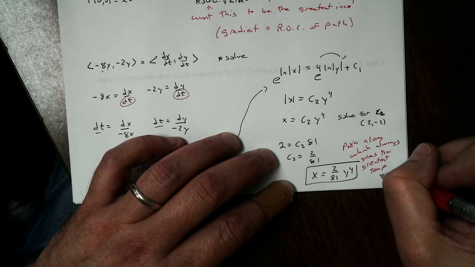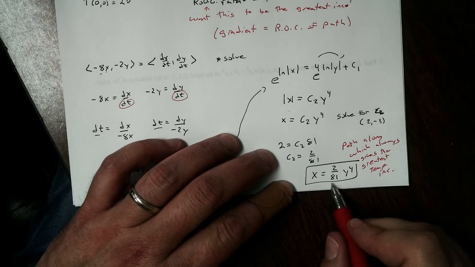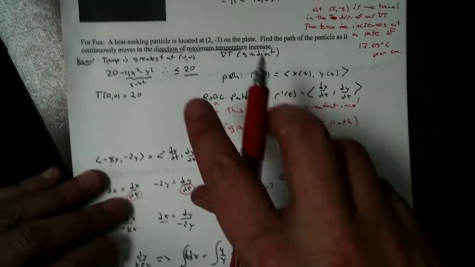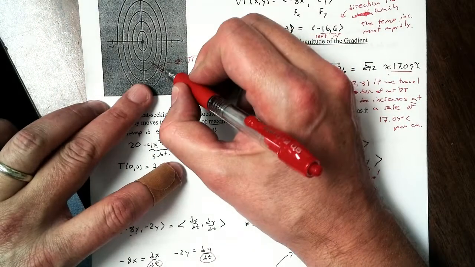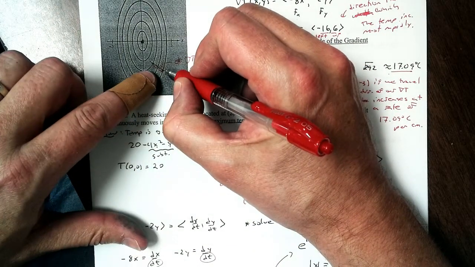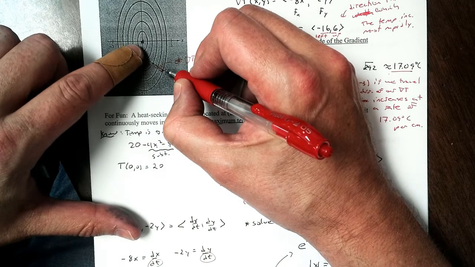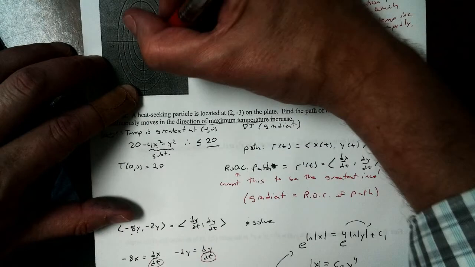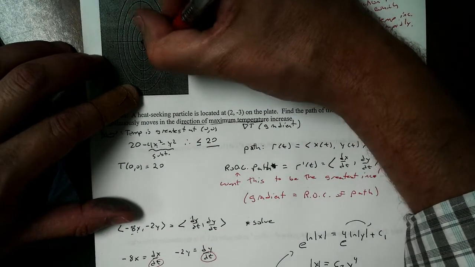So what this is telling us is, if we stay on this path, if I'm starting at that point, come back up here to the graph, (2, -3), this path will always give me the direction that will make sure that the temperature is always increasing the most. And it's a sideways parabola, so it's going to look kind of like this.